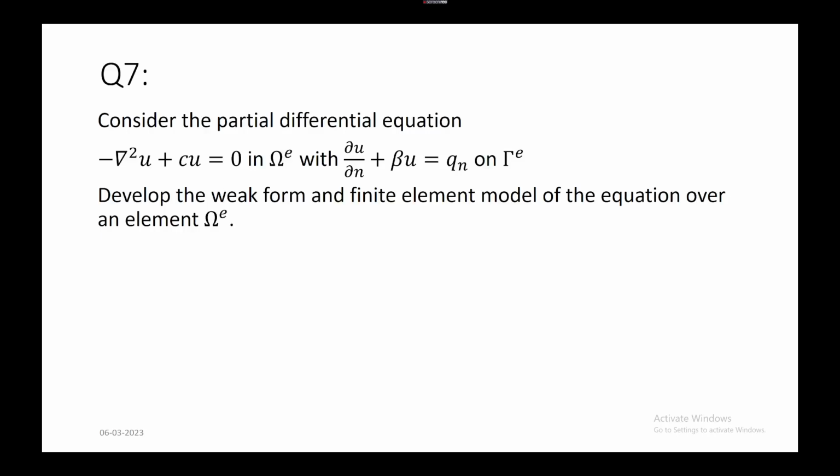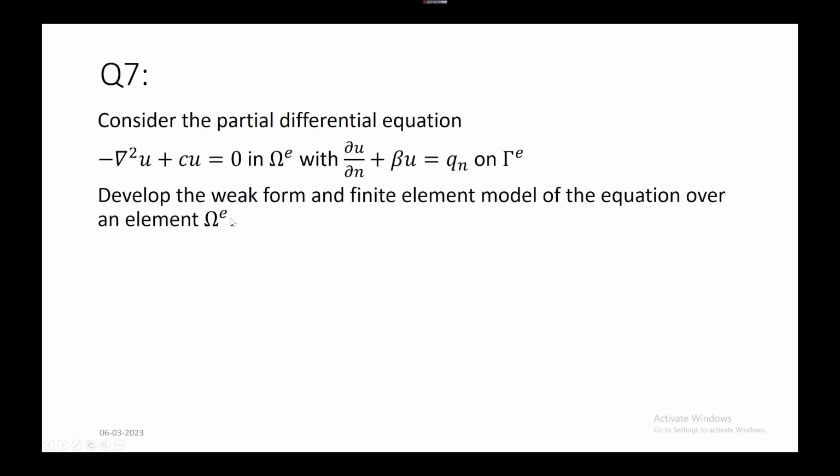This is a subjective type of question. We have some partial differential equation in some domain, and we have some condition on the boundary. For this we are going to develop the weak form and the finite element model.